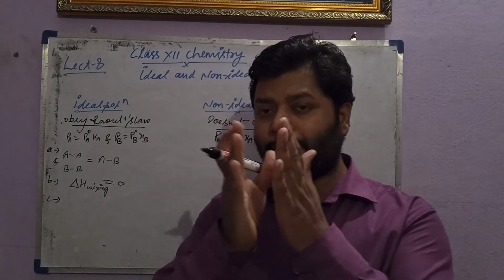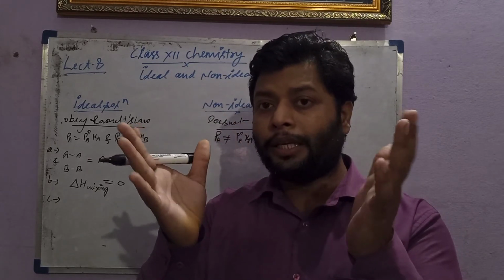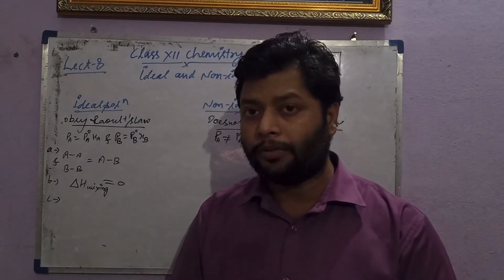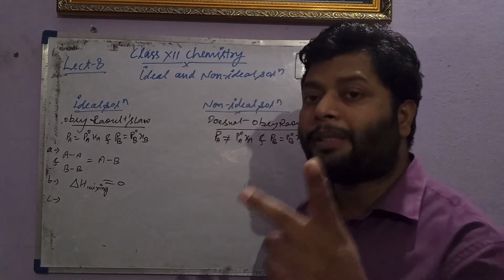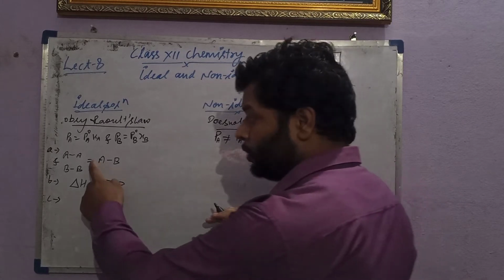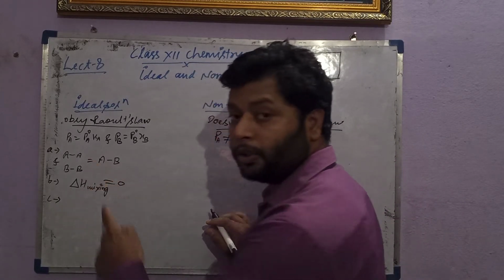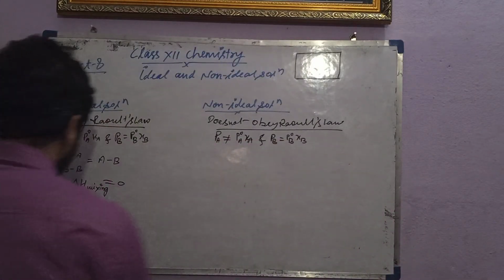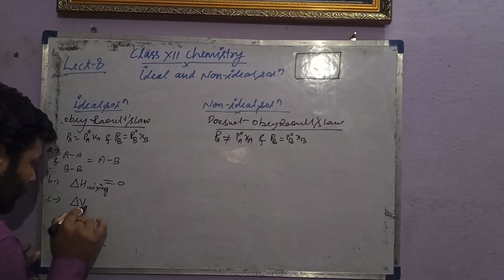If there is repulsion between the molecules, they go away, and due to that the net volume will increase, so that will change the volume of the mixing. But there is no net force of attraction, no net force of repulsion. So delta V mixing is also 0.